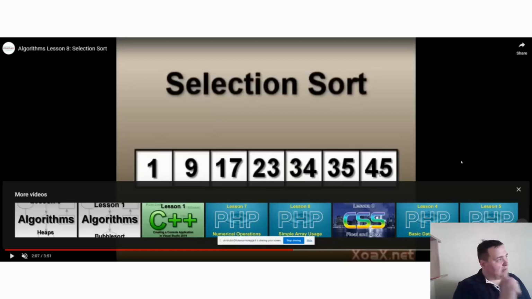We look for the mid element. We take the mid element, 23, and compare it to the element we're looking for, 45. What can you say about 23 regarding 45? It's less, right? So we have to look in the right side of the array.